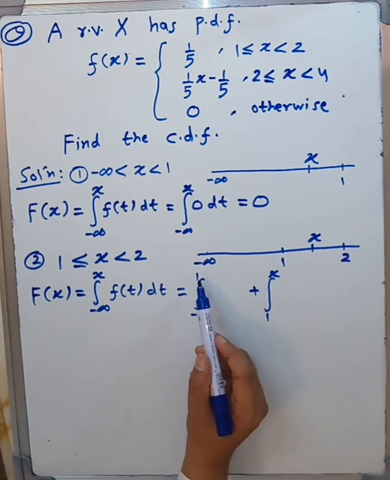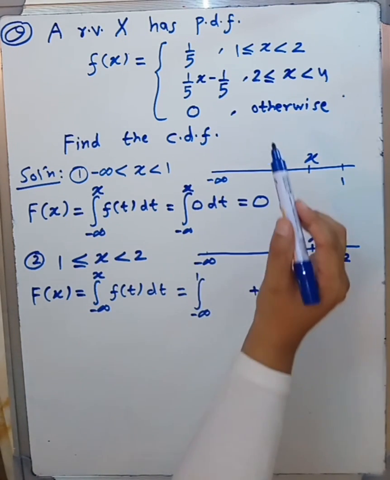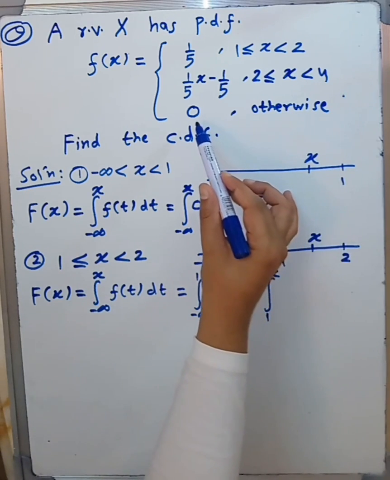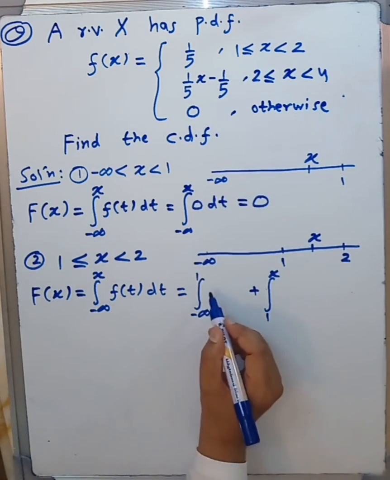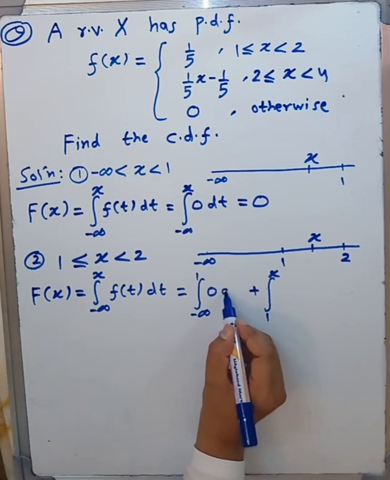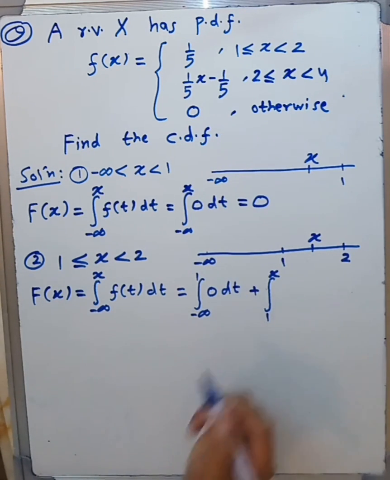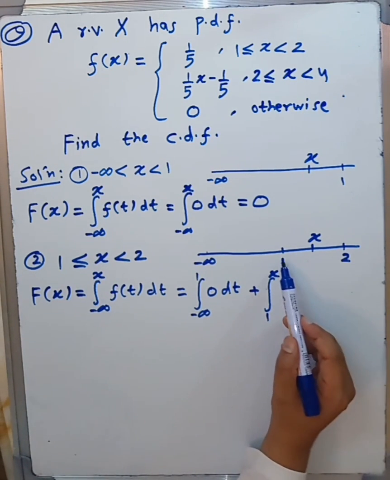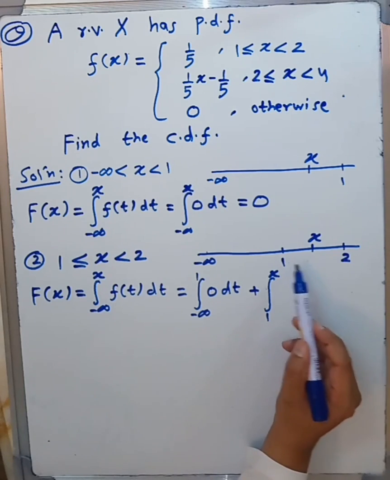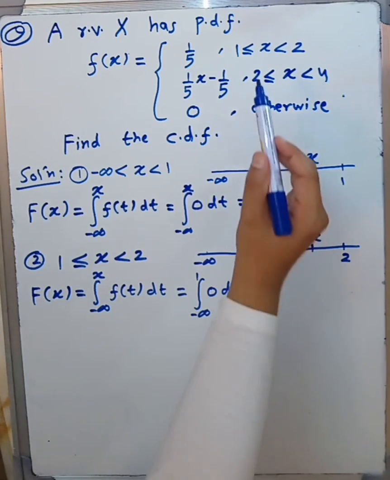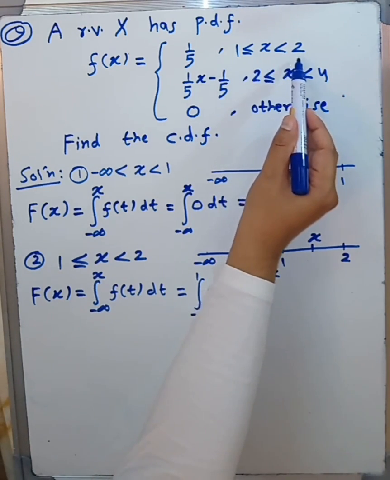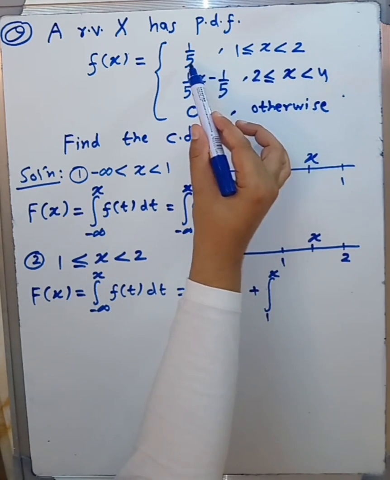Minus infinity to 1, it falls in this category. The value of PDF is 0. So this will be 0 dt. 1 to x, it falls between 1 and 2. Between 1 and 2, the value of the PDF is 1 by 5.